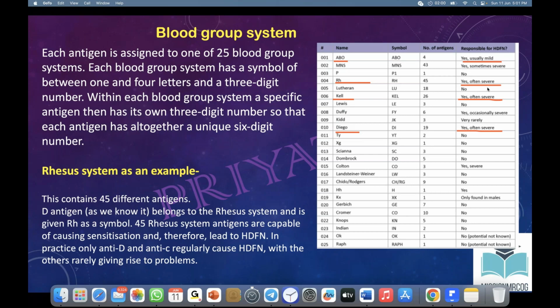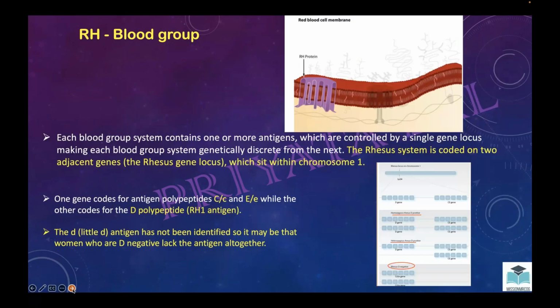Then usually the RH blood group. So a little of genetics. Again, this is not necessary for your exam. On the red cell membranes, there are these proteins you can see. This is the RH protein, and for that, coding is done. The RH system is coded in two adjacent genes, and they are on chromosome number 1.